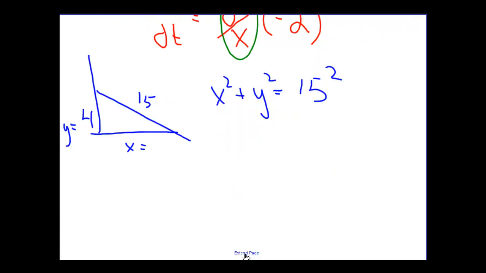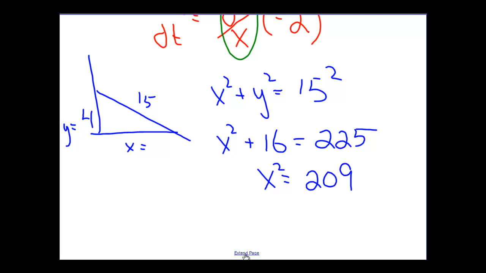Now in this case, x squared is our unknown. y squared will be 16, 4 squared is 16, and 15 squared is 225. So x squared will equal 209, or x will be equal to the square root of 209.